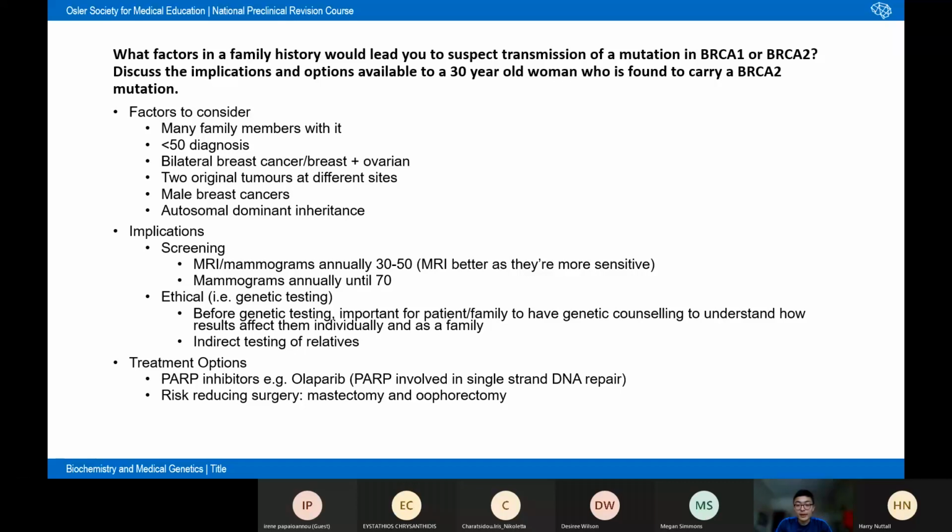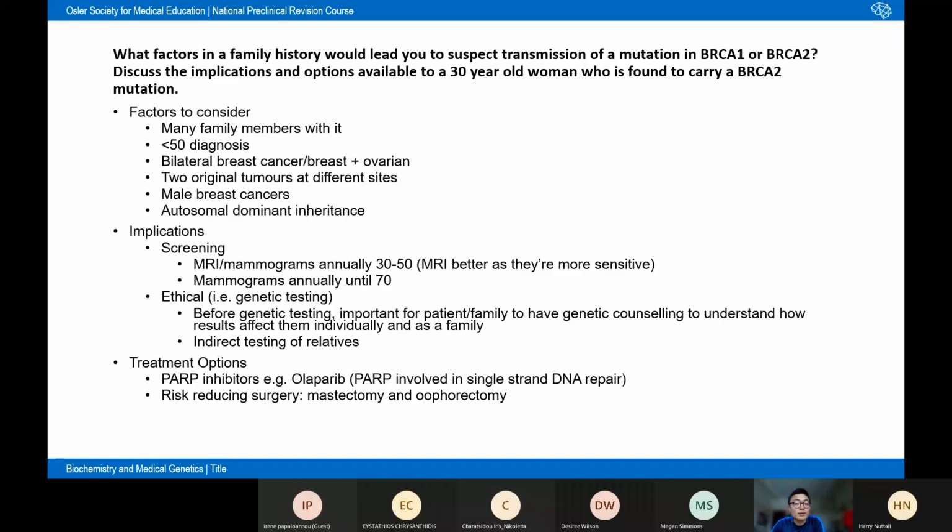topic. And finally, with our treatment options, if there's a known BRCA2 mutation, then this suggests the patient might be viable, or their condition might be conducive, for PARP inhibitors. So PARP inhibitors essentially inhibit the PARP pathway, which is involved in single-strand DNA repair, which recognizes the exposed end after a single strand break.